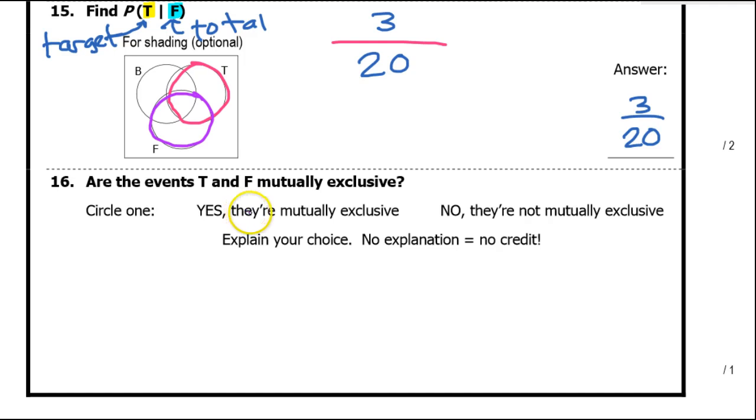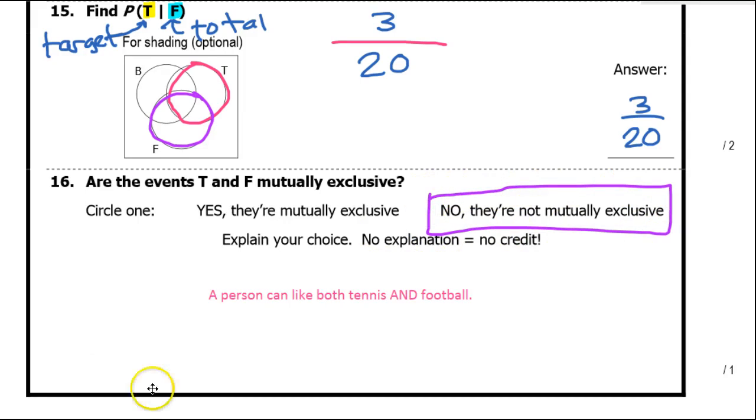And just using your common sense, you can like tennis and football at the same time. So that's why these are not mutually exclusive. And there you go. A person can like both tennis and football.